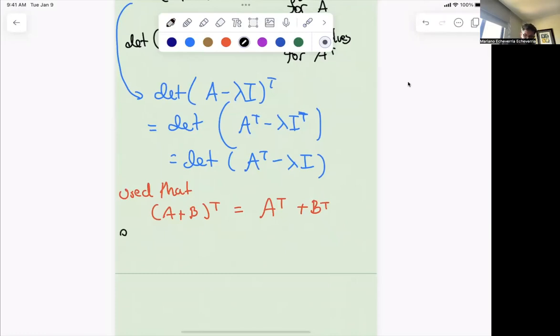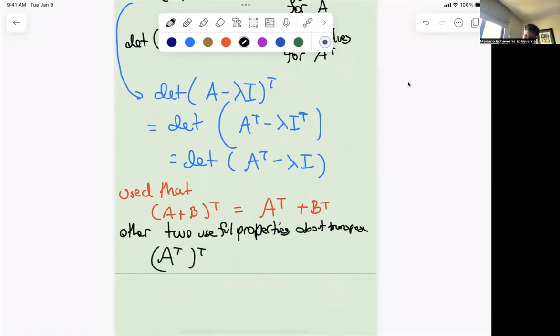And the other two useful properties about the transpose: the transpose of a transpose is the matrix itself. That kind of makes sense, because you turn the rows into columns, but then you're turning them into rows again.